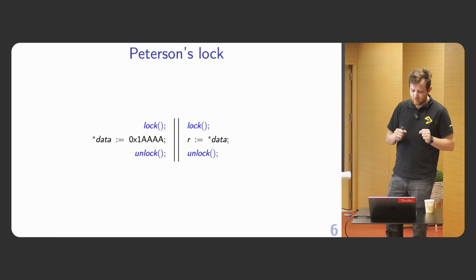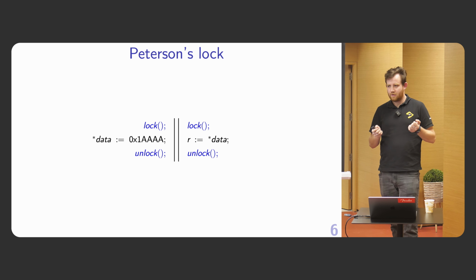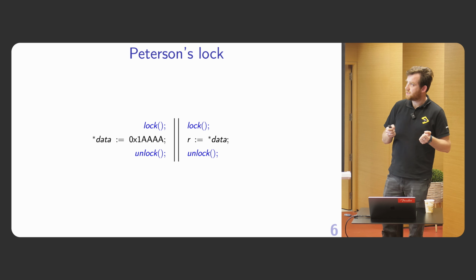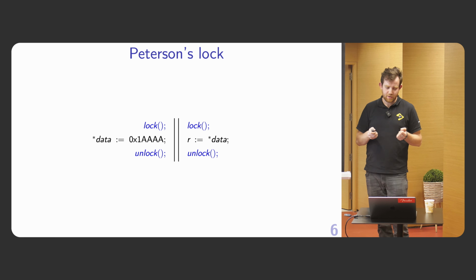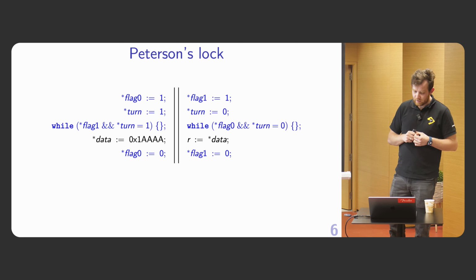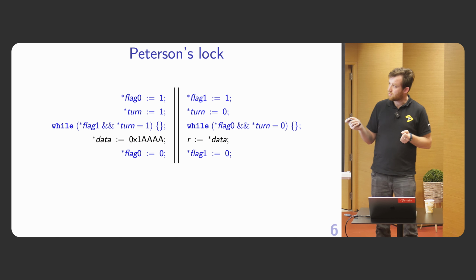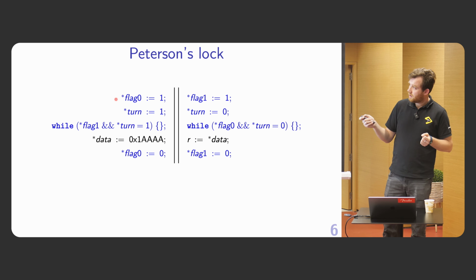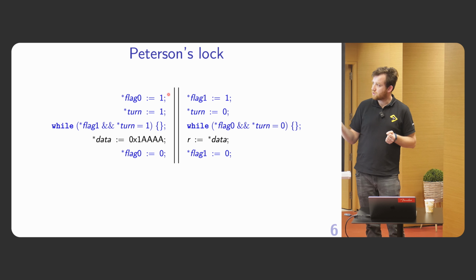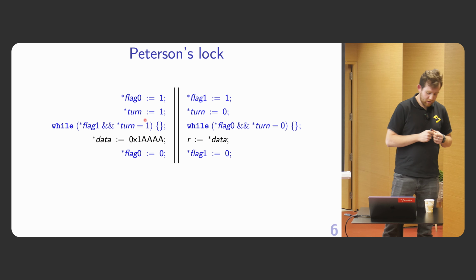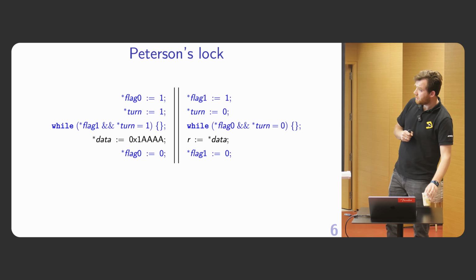Now let's consider one of the most basic locks, the Peterson lock, and its simplified implementation could look like this. We have flag memory locations: for each CPU we have its own flag, and they also share a turn memory location.